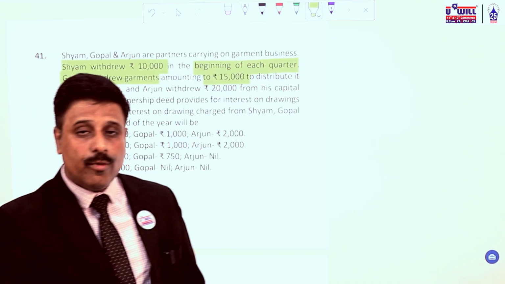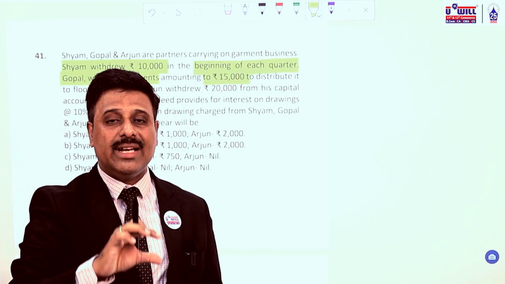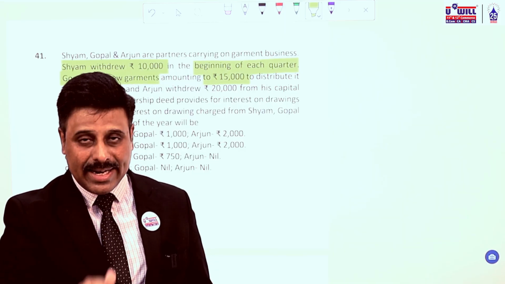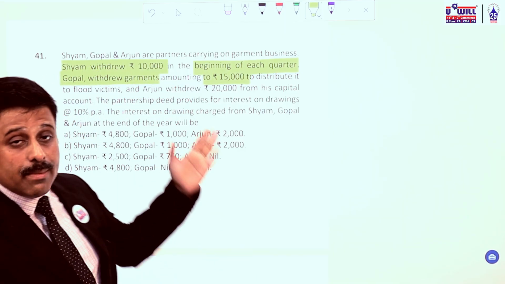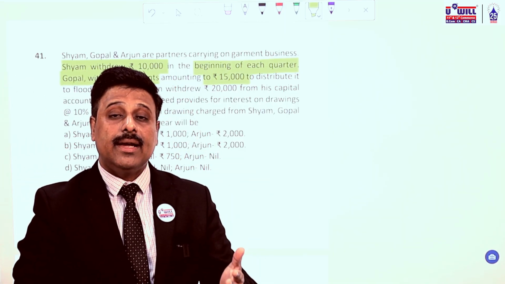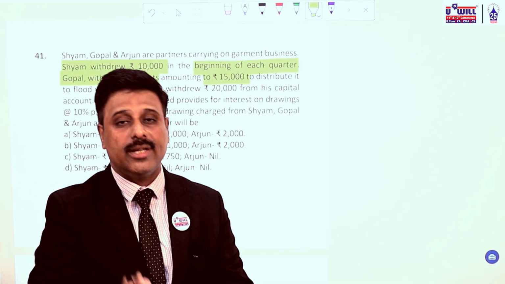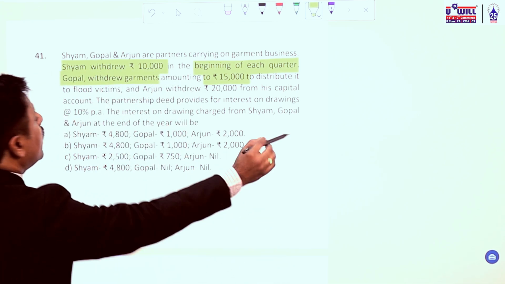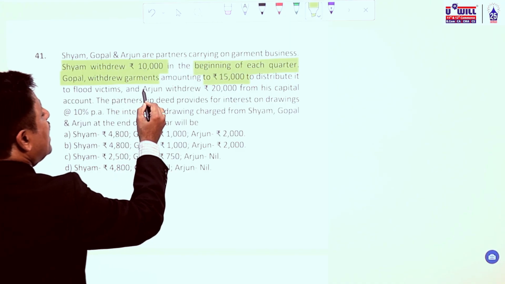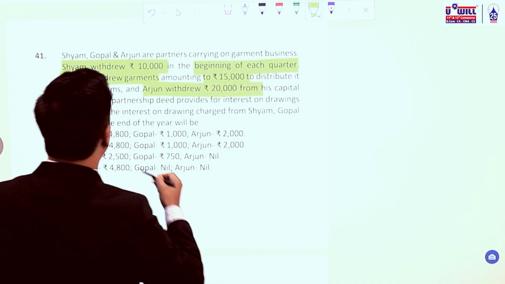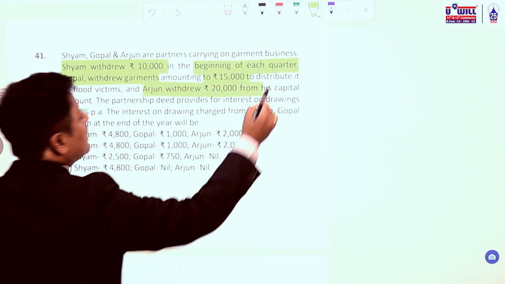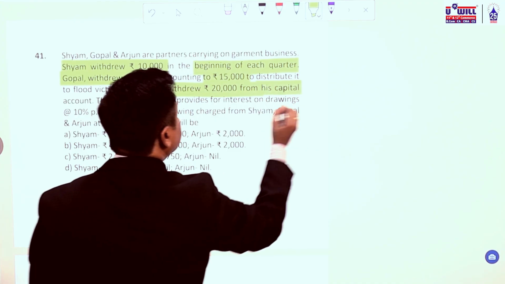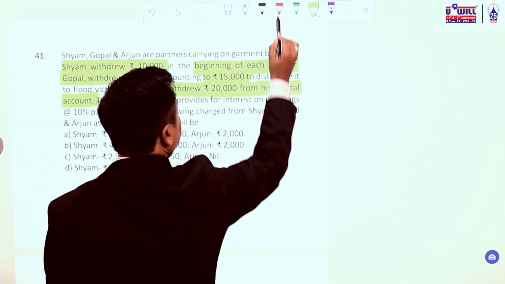Even if you withdraw not cash but goods, as he has withdrawn garments in a garments business, it will be considered a part of your drawings only. And Arjun has withdrawn 20,000 from his capital account. This is important, from his capital account.